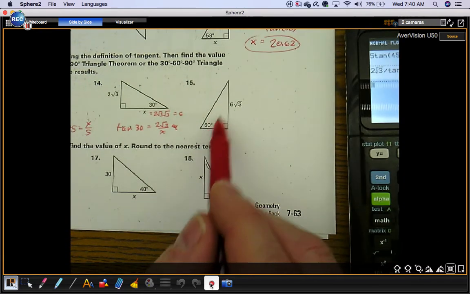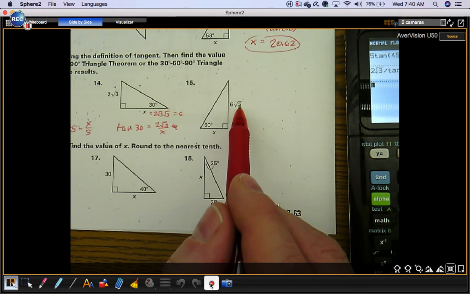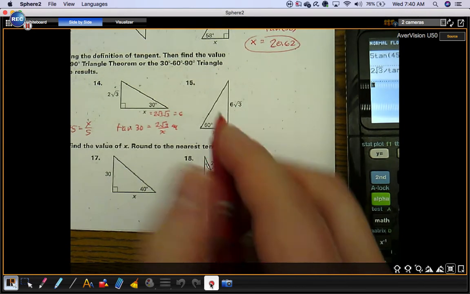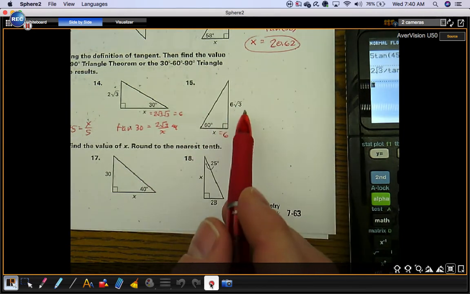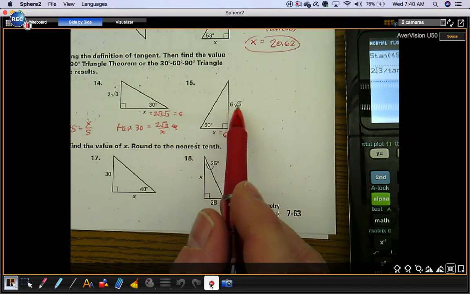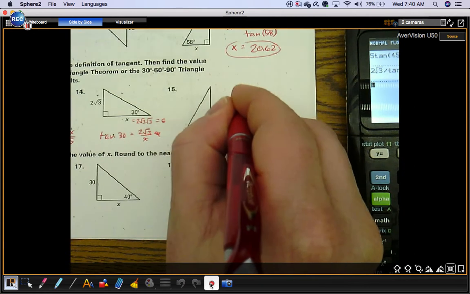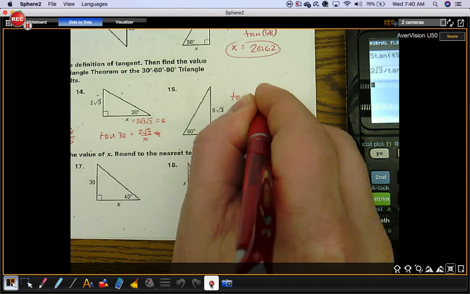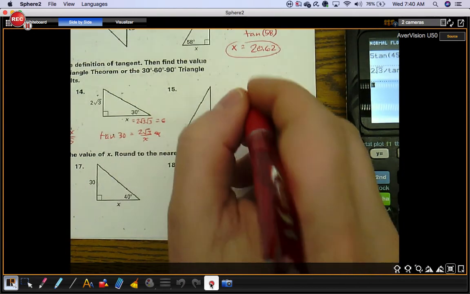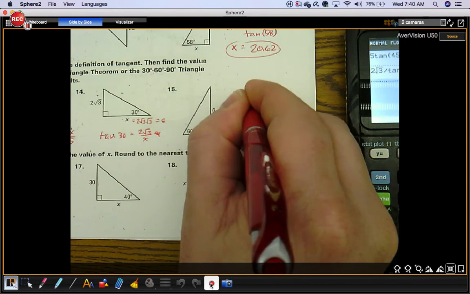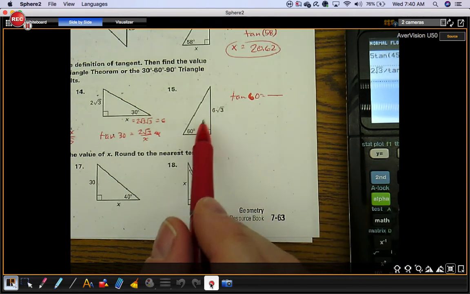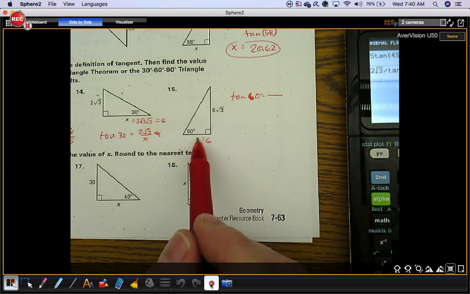30-60-90. We know the long leg. What's the short leg? No, it's just 6 also. You take this and divide by the square root of 3, remember. Okay, now we're going to use tangent of 60. It's an ugly 60. Tangent of 60, opposite over adjacent.